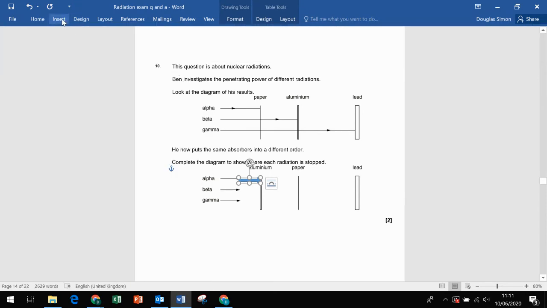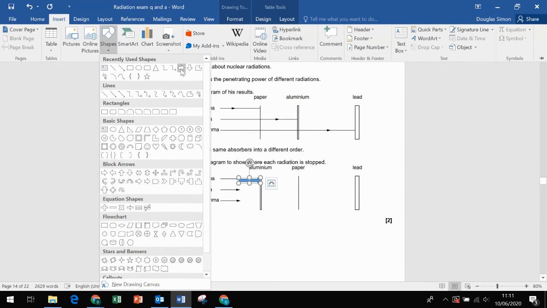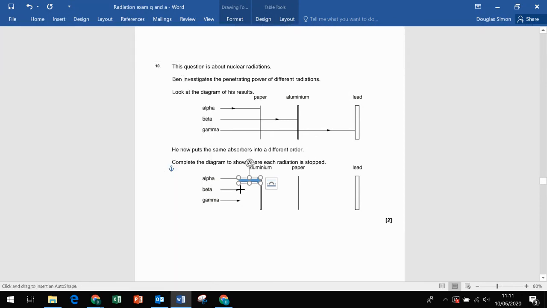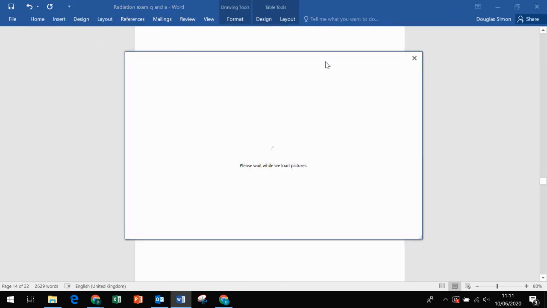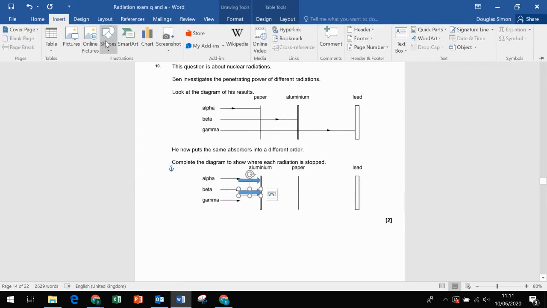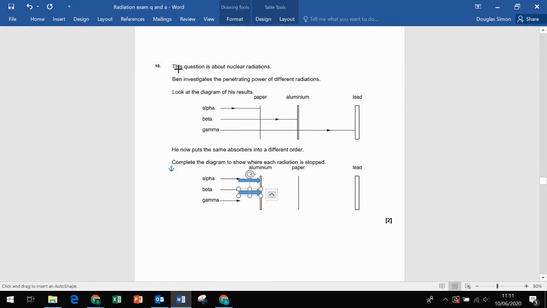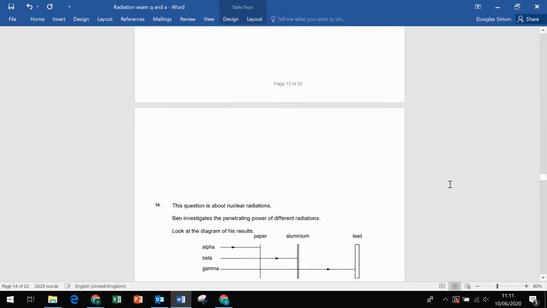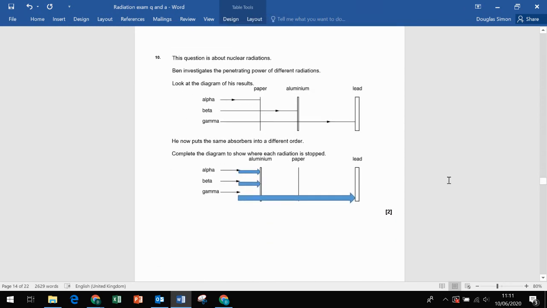Beta is stopped by aluminium, so it will still be stopped by aluminium. And finally, gamma is stopped by lead, so the only thing that will stop it is lead, like this.